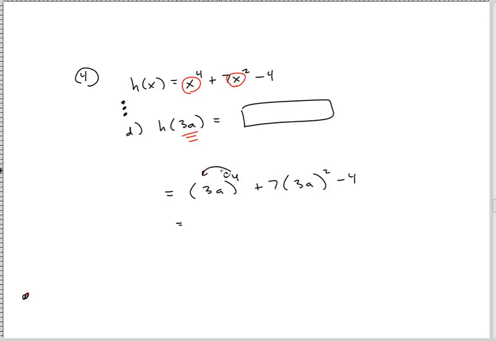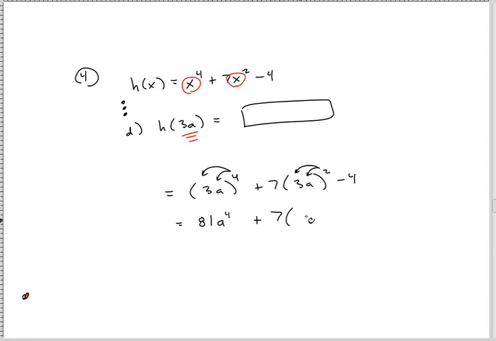You actually do distribute your fourth and square to these guys because everything's being multiplied. If you had a plus sign on the inside, like 3 plus a or something, you could not do that. Simplify this however you normally think about it. So 3 to the 4th, again, definitely possible, but I'm going to use a calculator just to make sure. 81a to the 4th.